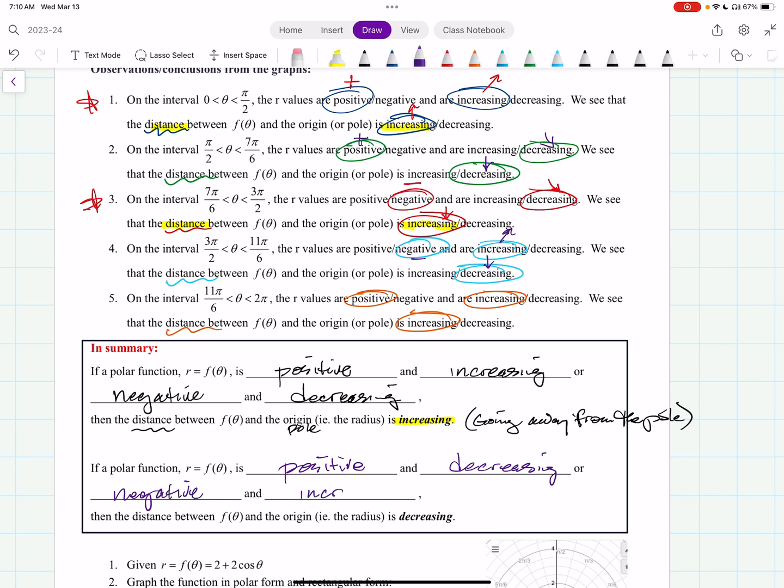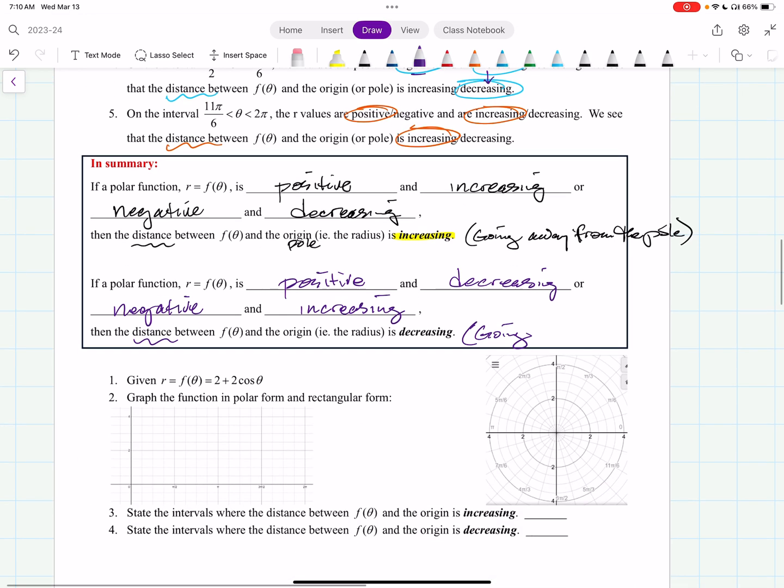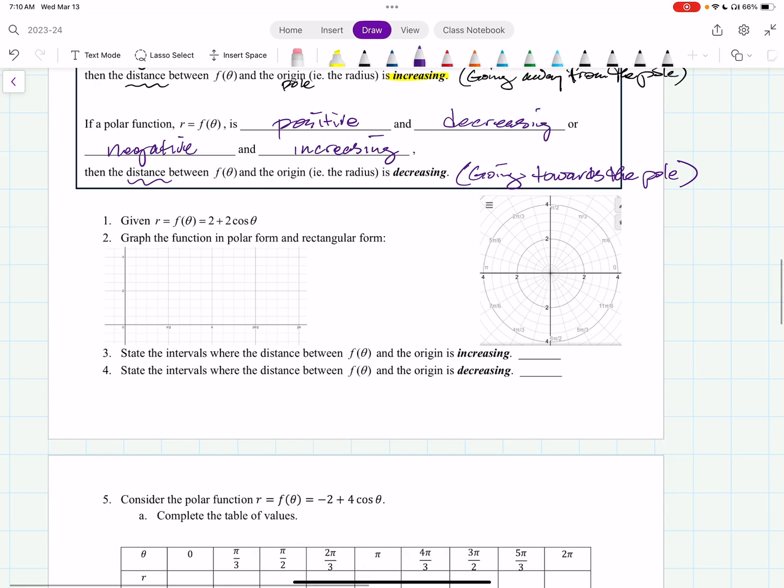If the signs are basically different, the distance from alpha theta and the origin or the pole is decreasing, which means you're going towards the pole. I'm just going to put this in basic words so you can visualize it. You're going towards the pole or origin. That's what it means. So now let's apply it.